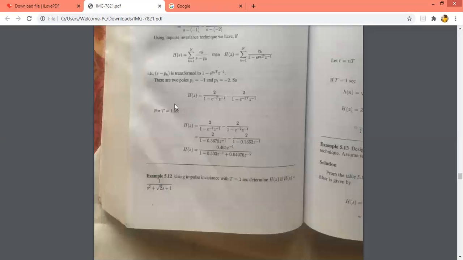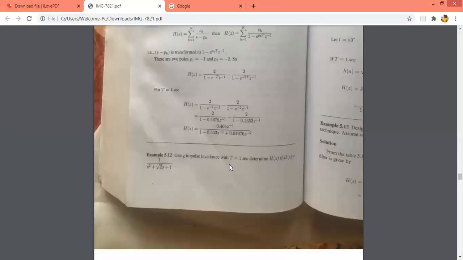So the numerator will be the same, and the denominator should be replaced with 1 minus e power minus 1 T z inverse. Then minus 2, numerator the same, divided by 1 minus e power minus 2 T z inverse. The T value is given in the problem as 1 second. We substitute T equal to 1 and finally we simplify this.